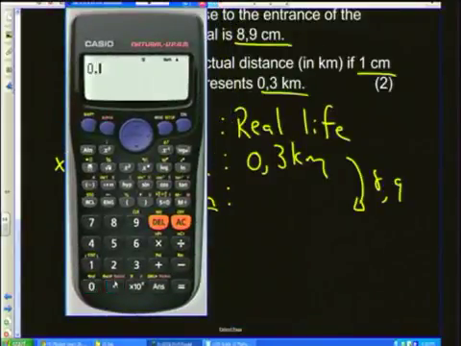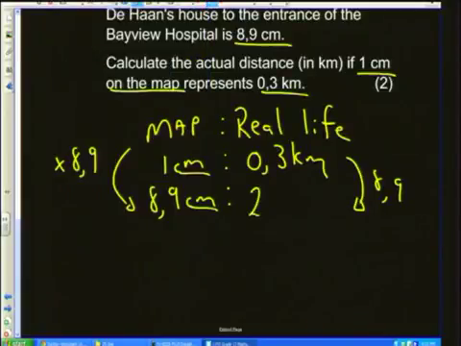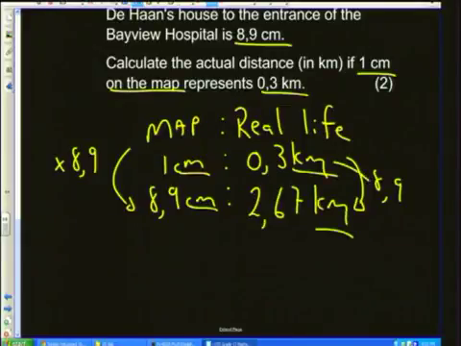And I'm going to say 0.3 multiply by 8.9 equals, and my answer is 2,67. 2,67 what? Kilometers. Why? Because we said kilometers times 8,9. And we got 2,67 kilometers.